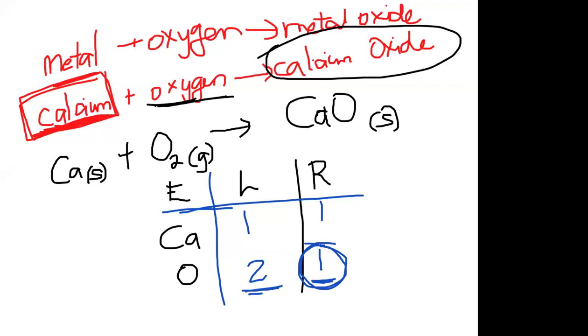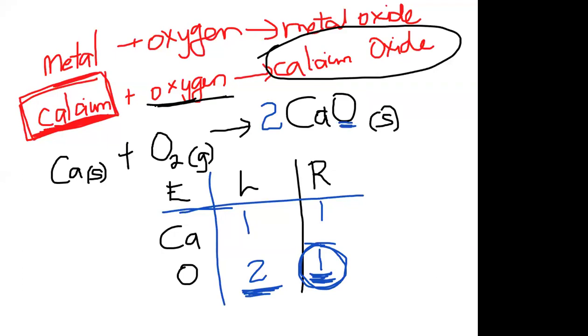2. Look where I put the 2. I put the 2 right here in front of the calcium oxide. Let's go again. I have 1 oxygen here, 2 over here. What number multiplied by this 1 oxygen gives me 2?